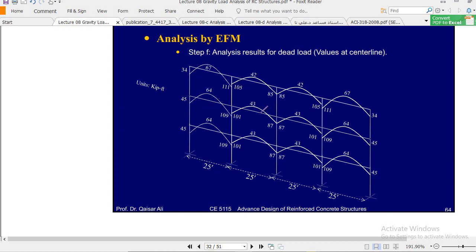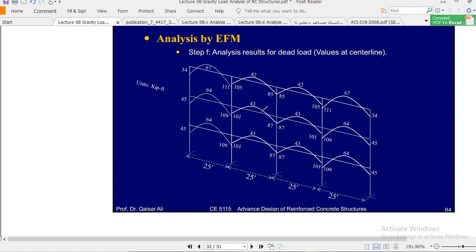Remember, the equivalent frame method is a combination of many approaches. At the first stage we apply the equivalent frame method procedure, which is used just to convert a 3D frame system to a 2D frame system. After converting a 3D frame to a 2D frame, the equivalent frame method procedure is finished.